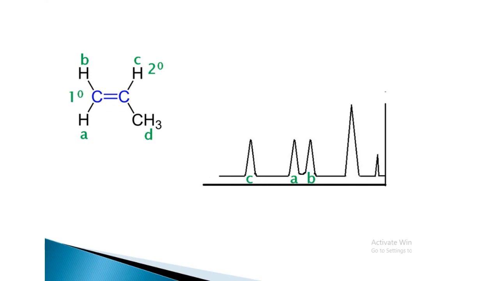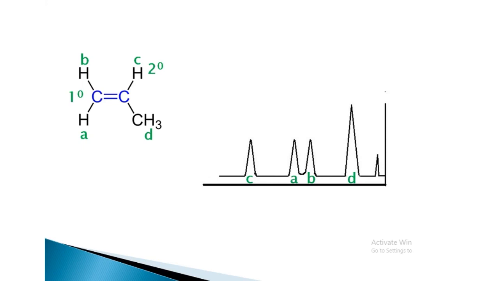In this example, we would expect to see that A hydrogens are a little bit more shifted than the B, because A hydrogens are close to the methyl across the double bond. Again, remember, carbon is slightly more electronegative than hydrogen, and obviously the last peak must be due to the D hydrogens.